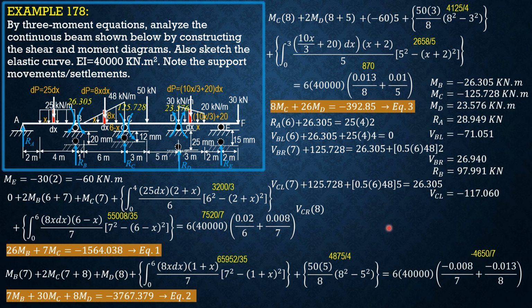So shear at C just to the left is negative 117.06 kilonewtons.